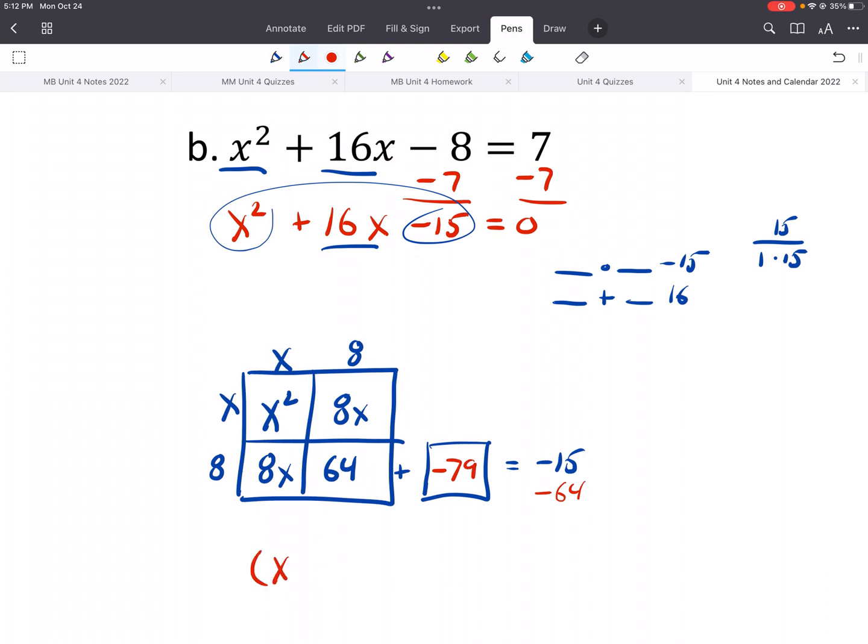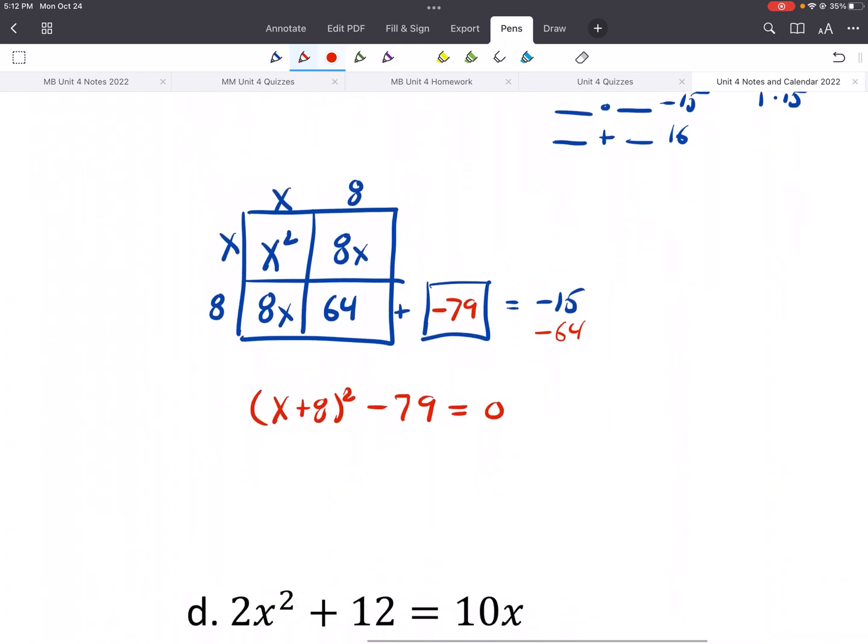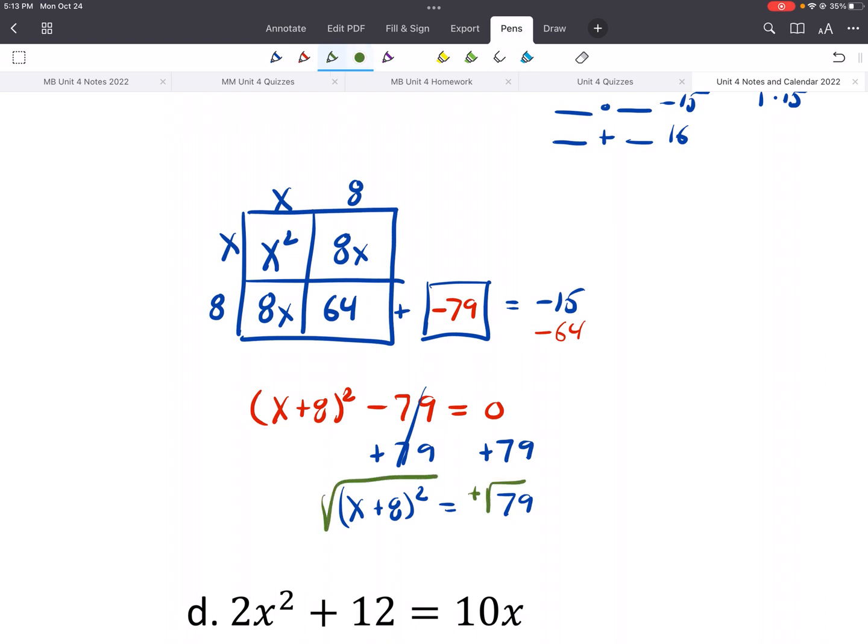So we can complete that square. (x plus 8) squared minus 79 is equal to 0. And then we would just need to solve. So we'd add 79 and square root both sides, plus or minus. I don't think that the square root of 79 can be simplified, so we'd just leave that, and then we'd subtract 8. So this would be our answer.